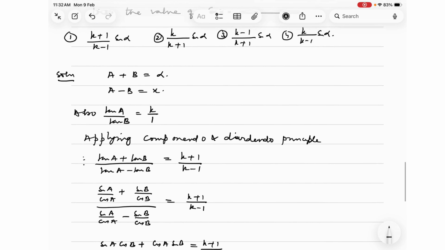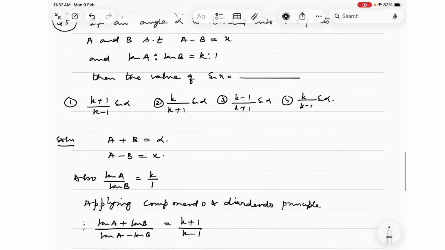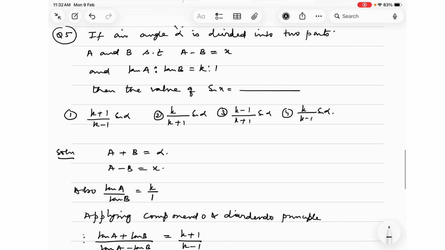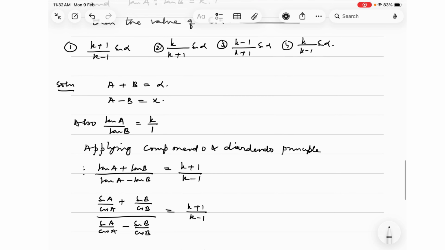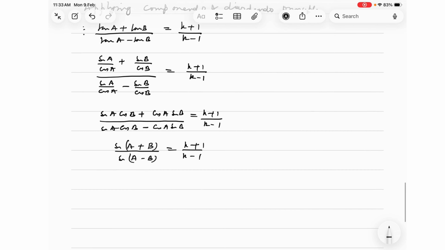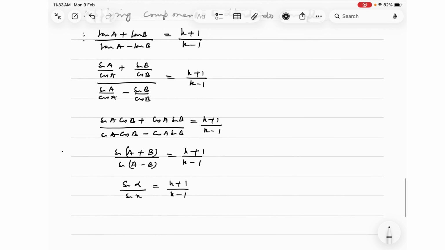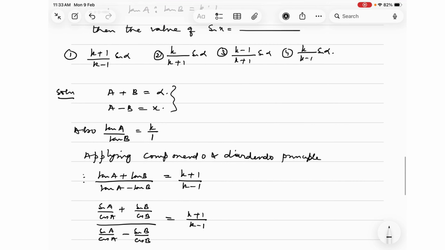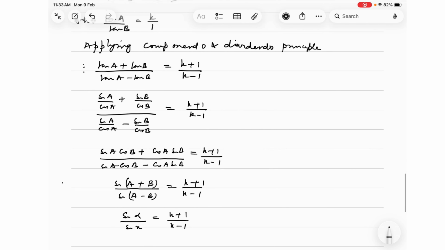But in the question, A minus B is equal to x, and we have taken A plus B equal to alpha. So A plus B we can write as alpha, and A minus B we can write as x. He is asking to find the value of sin x.